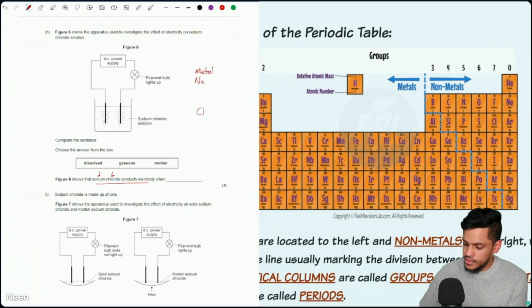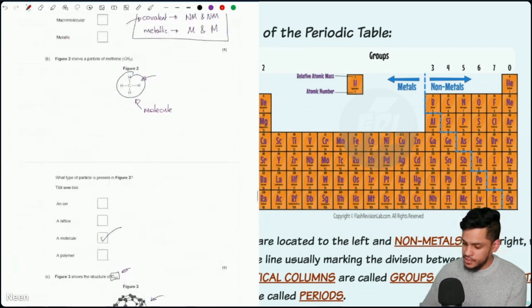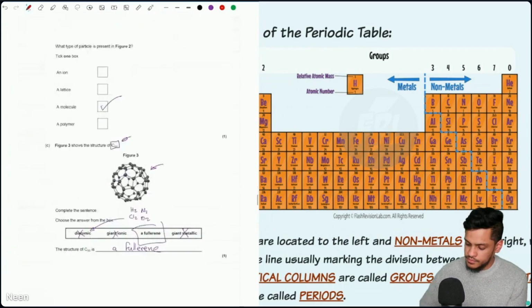Chlorine is a non-metal. So what type of bonding are we talking about here? You've got a metal and a non-metal. I've got it up here somewhere, right? Yep, here. Metal and non-metal means it is ionic.